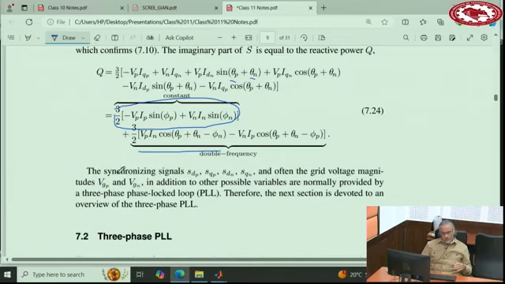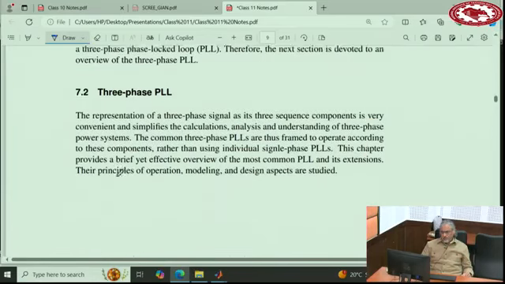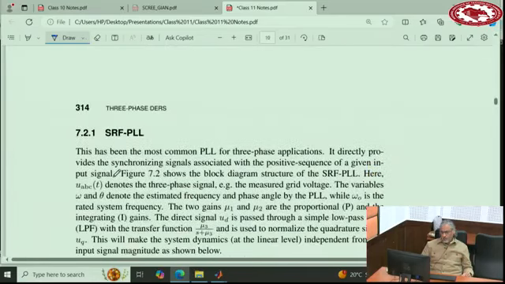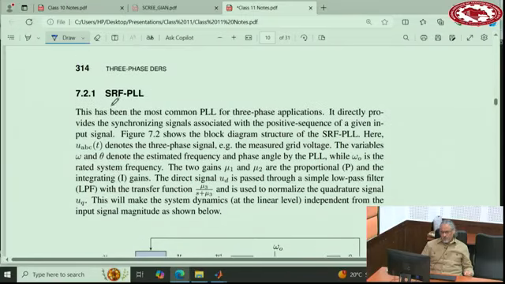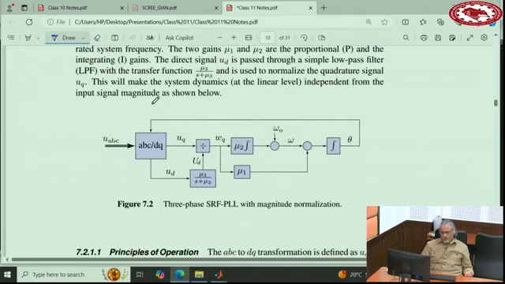Over there we used PLL, here also we use PLL, but it's a little bit more extended. So this is a conventional, called the synchronous reference frame phase lock loop, which is used, slightly modified here in this presentation, but not much. So there is an ABC to DQ transformation, which we talked about before, and it gives you D component and Q component.